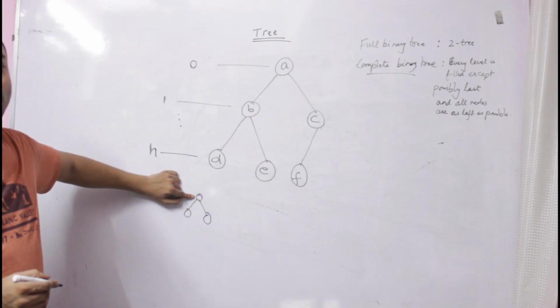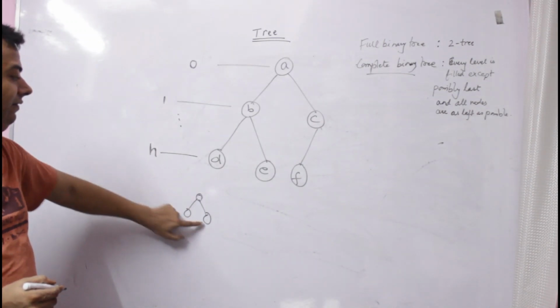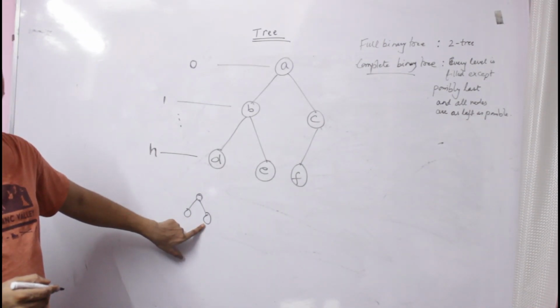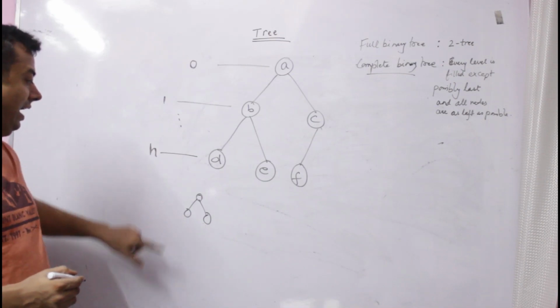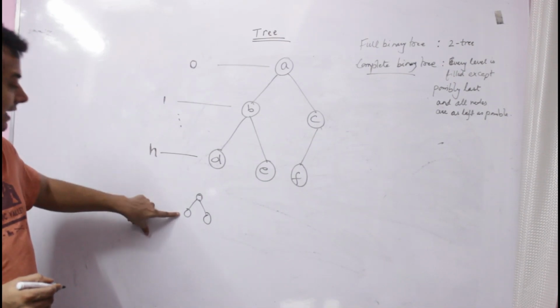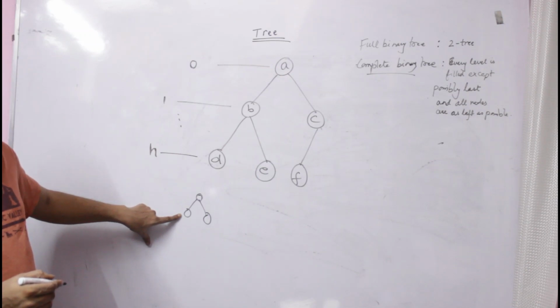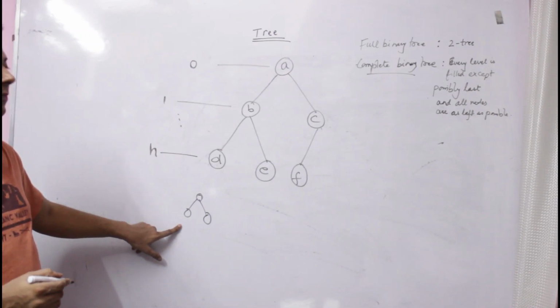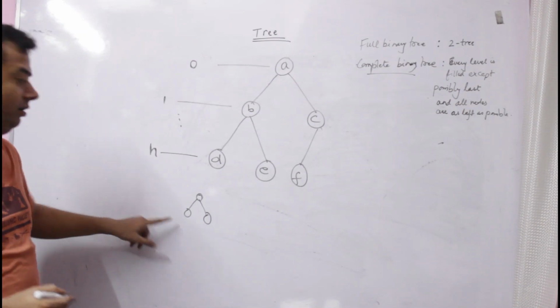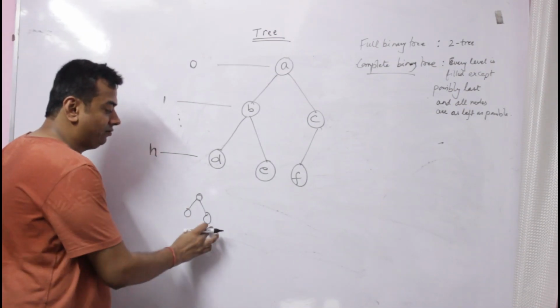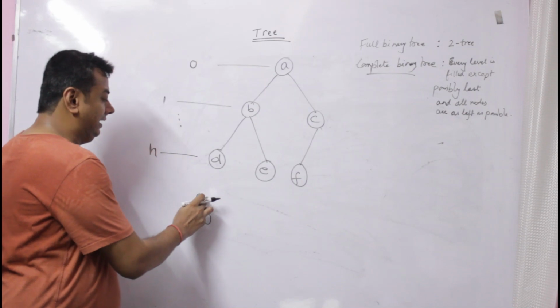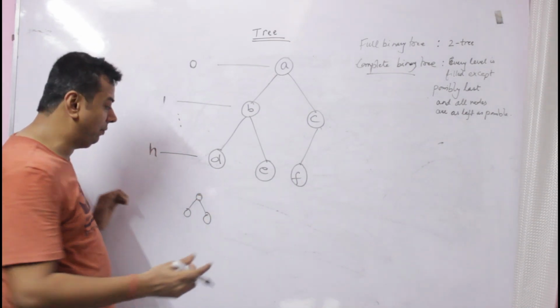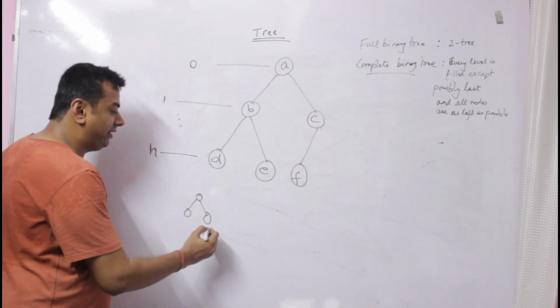If this is a node, it should have exactly 2 children. And if this is a node, it may have exactly 2 children, or it may have 0 children at all. So it has no children, satisfied. It has 2 children, satisfied the property. So this is a full binary tree.